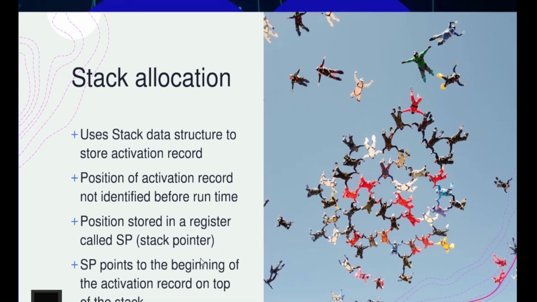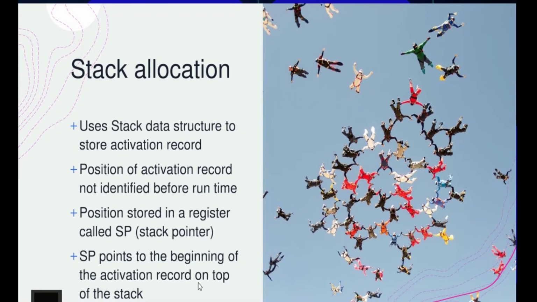SP points to the beginning of the activation record on top of the stack. When a procedure call occurs, the calling procedure increments the stack pointer and transfers the control to the called procedure. After control returns to the caller, it decrements the stack pointer, thereby deallocating the activation record of the called procedure.